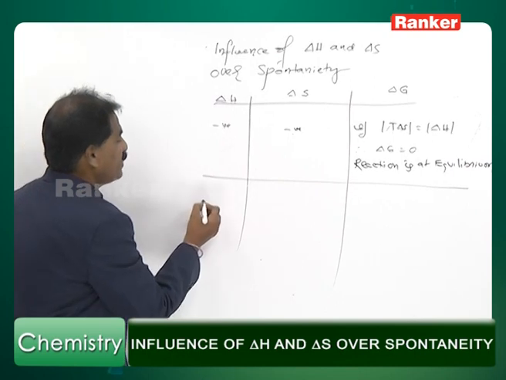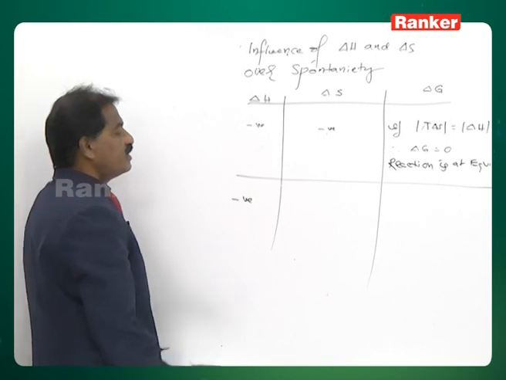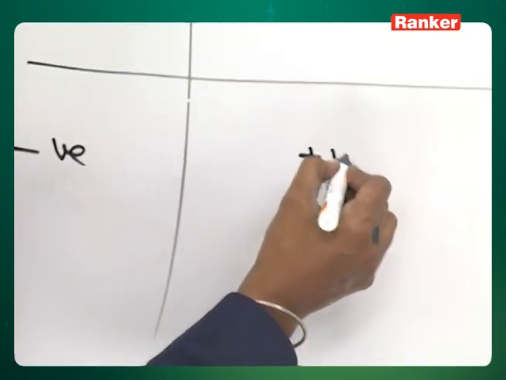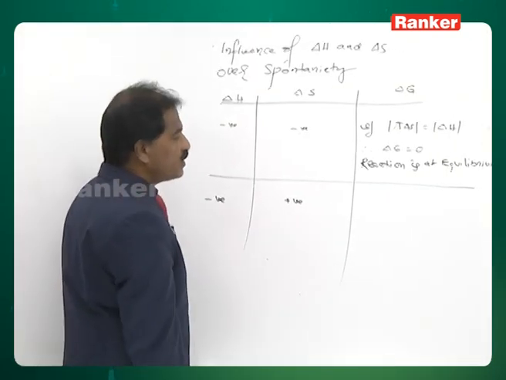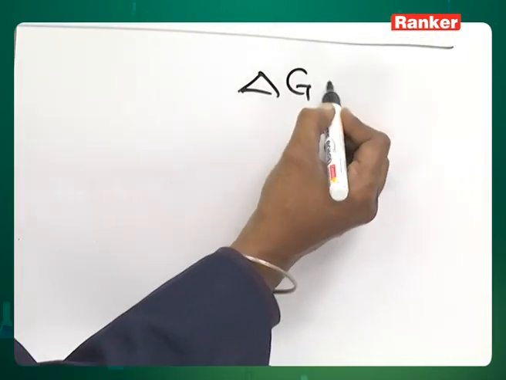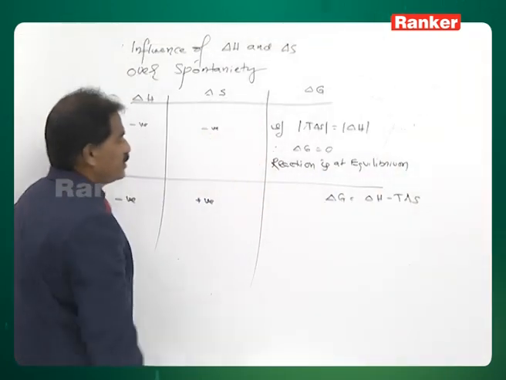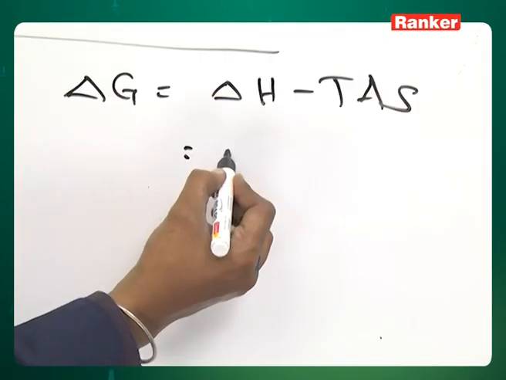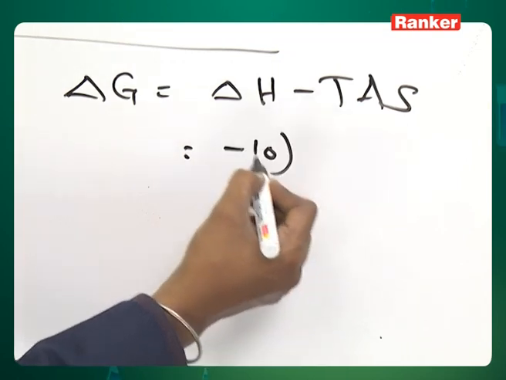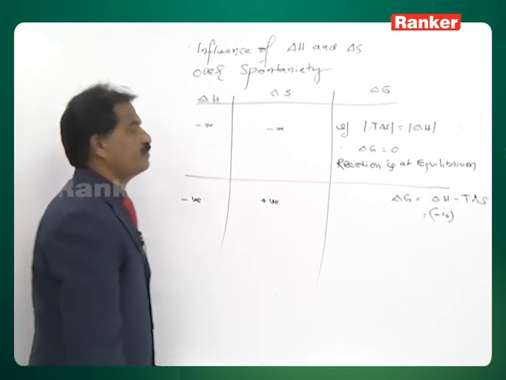Next, for a given reaction, the enthalpy change is negative. Next, let us say the entropy change is positive. Now just let us observe this small mathematical calculation. Say, for example, the enthalpy change is minus 10.